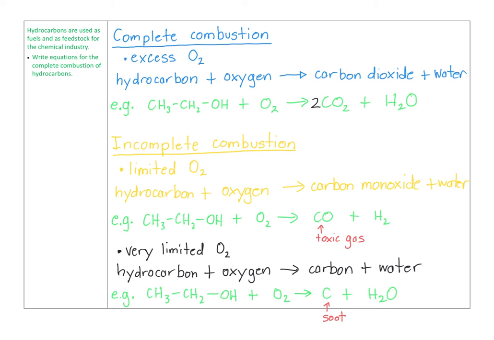So you do carbons first when you're balancing, then non-metals other than oxygen and hydrogen. Then you do hydrogen. So we've got 3, 5, 6 hydrogen here, so we need 3 H2O to give 6 hydrogen on this side.